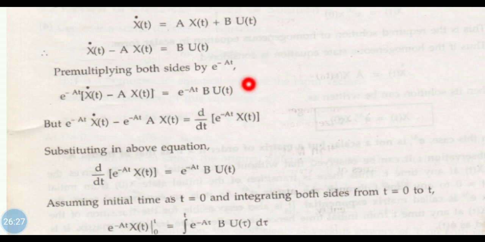But e raised to minus at x dot of t minus e raised to minus at a x of t is equal to d by dt of e raised to minus at x of t.